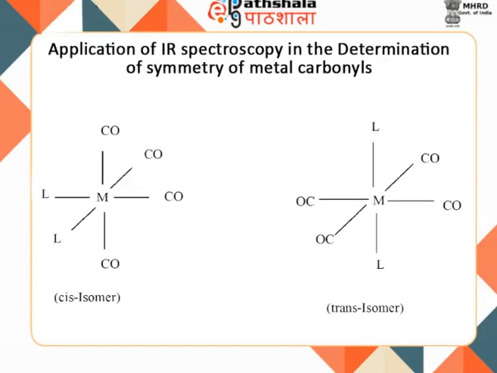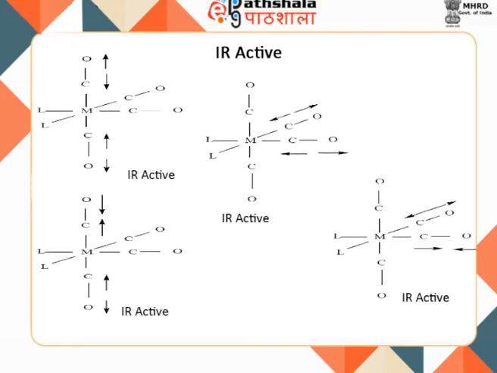Let us illustrate the above procedure, taking the example of cis and trans isomers of metal carbonyls of the type MI2(CO)4. The approximate forms of the carbonyl stretching vibrations and their IR activity for the cis and trans isomers of MI2(CO)4, considering only the symmetry of the M(CO)4 portion, are given in the following figure.